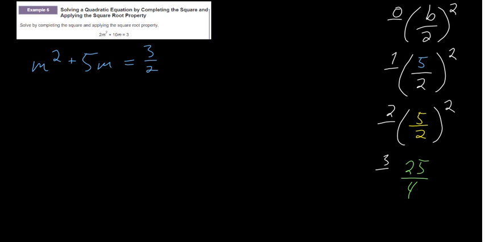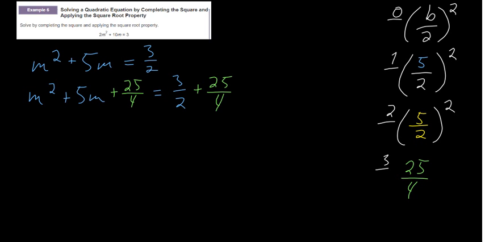Okay, so what we're going to do here is we're going to add 25 over 4 to both sides. So we're going to have m squared plus 5m plus 25 over 4, that's going to be equal to 3 halves plus 25 over 4.